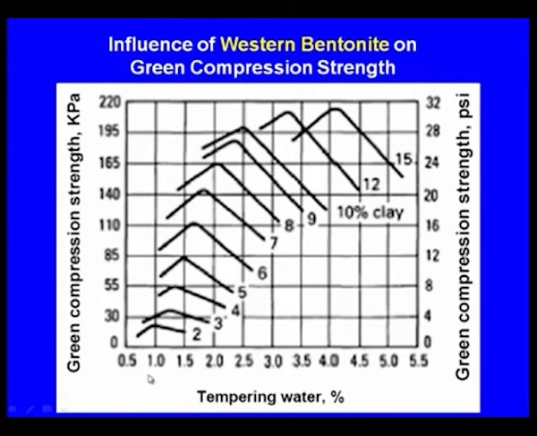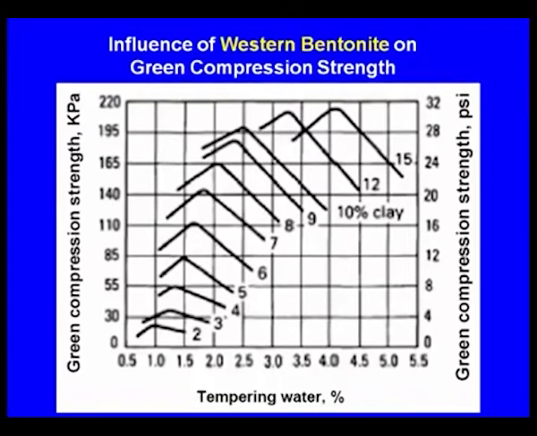As we keep increasing the moisture content, it rises and comes down. But when we consider all these curves together, we can see that with an increase in the western bentonite, the green compression strength increases. That is the inference from this graph.